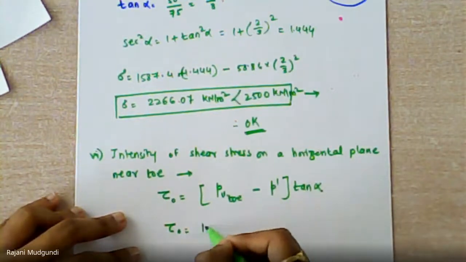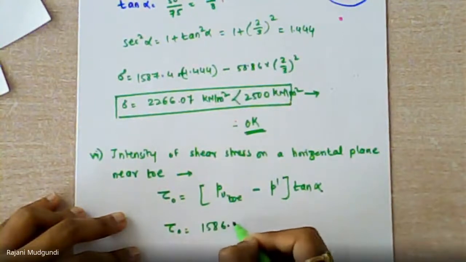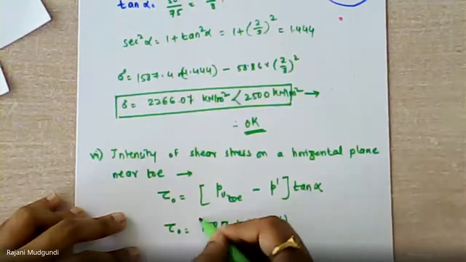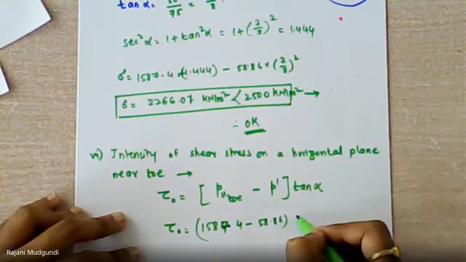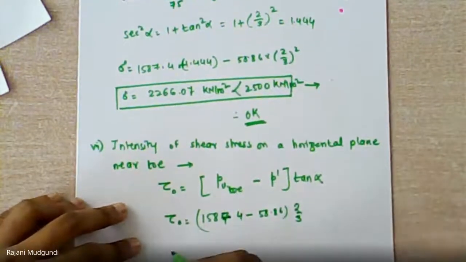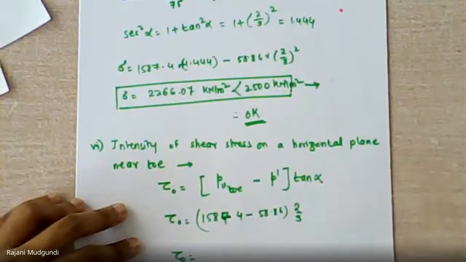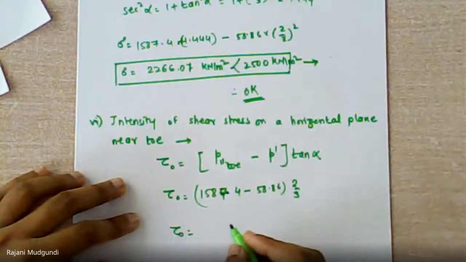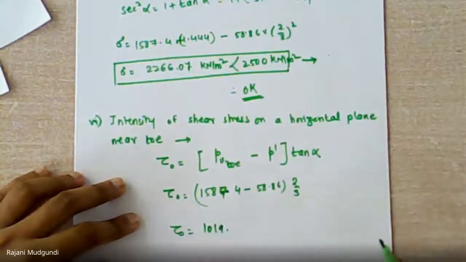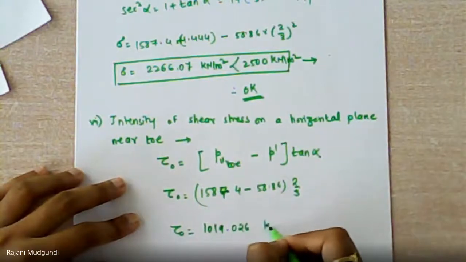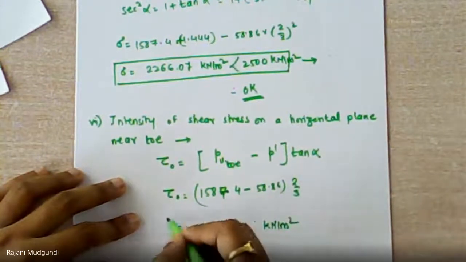So PV at toe is 1587.4 minus 58.86 into value of tan alpha, 2/3. So this value is 1019.026 kilonewton per meter square.